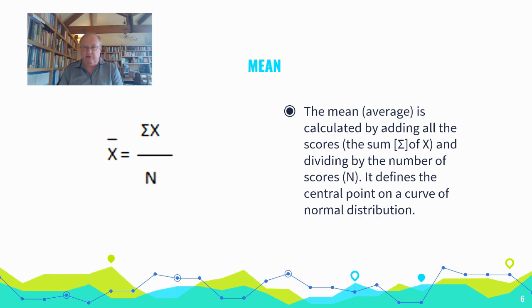So the mean, or the average, is calculated by adding all the scores that you get on a test, that's the sum of X, and dividing by the number of scores. And that defines the central point on the curve of normal distribution. So that frightening looking formula, X bar equals the sum of X over N, is really so simple. All we do is add it up and divide by the number of things we've got. Okay? So that's the average or the mean.